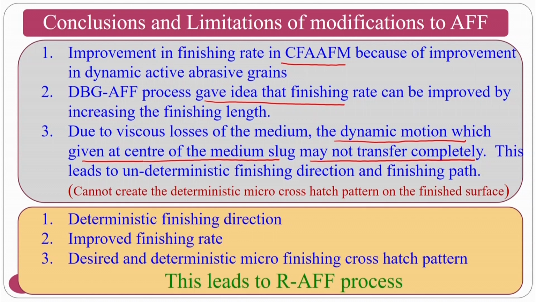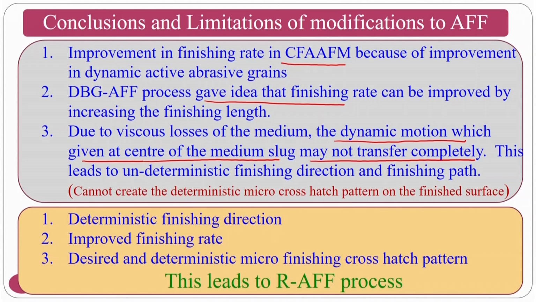So this motion at the central slug cannot give us a deterministic micro cross section pattern. That means the surface pattern that I want, and the surface finish at the same time. If I want a deterministic pattern like in a honing process, where the abrasive particles are fixed on a hone, the cross hatch pattern you get is deterministic.